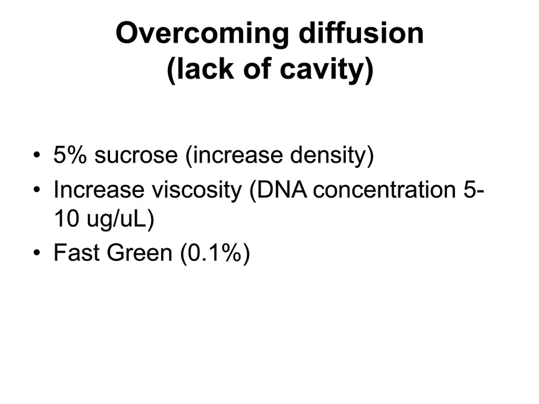The first thing we did was to increase to 5% sucrose the DNA solution, which means that now the DNA is denser than PBS, which means that it's going to sink. And second, we increased the concentration of DNA to a fairly high concentration of 5 to 10 micrograms per microliter. The result is a very thick, viscous solution, which is also limited in its ability to diffuse away from the site of injection. And then, as is common in these types of studies, you additionally add some sort of dye, which just allows you to see where the DNA solution has gone.